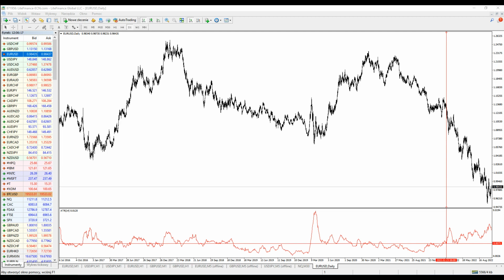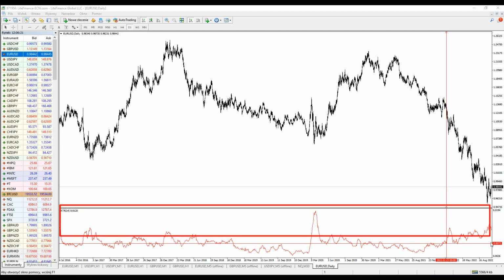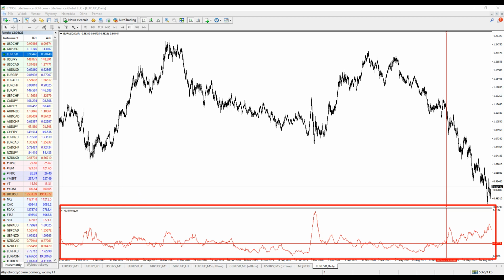Okay, folks, so that's what we are going to discuss today. The lower part of this chart, this volatility index, average true range. And at the very beginning, let's talk about what we are not going to use ATR for.